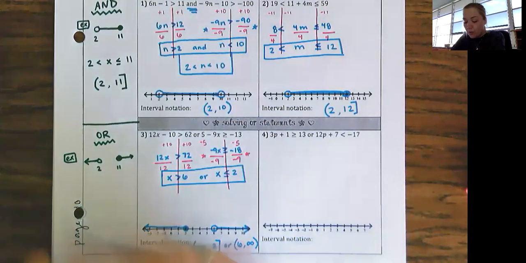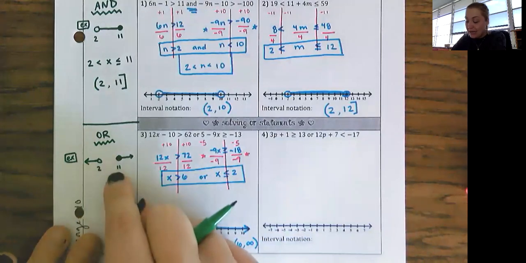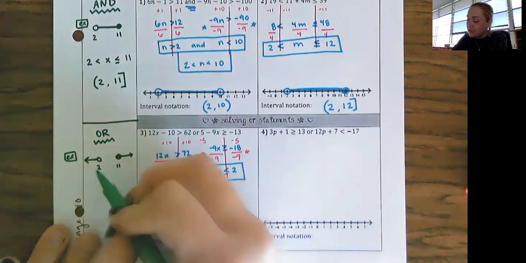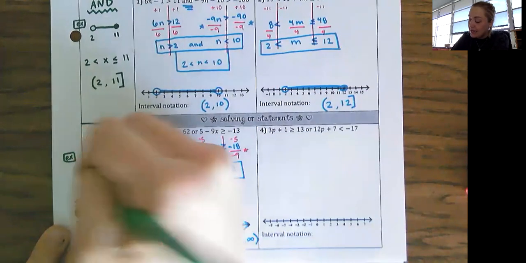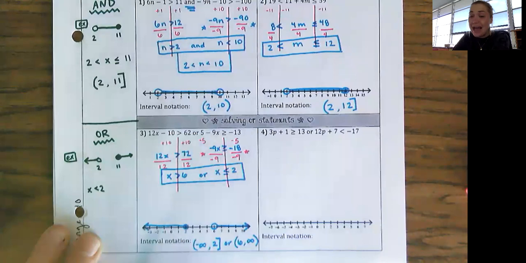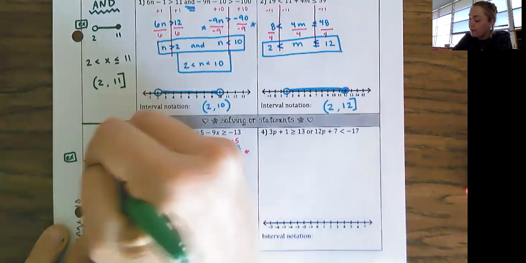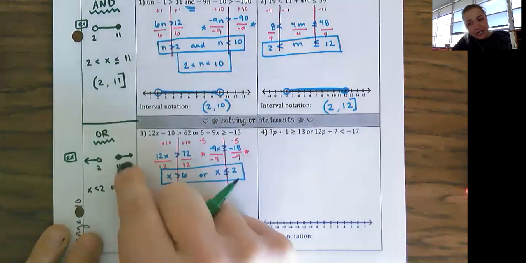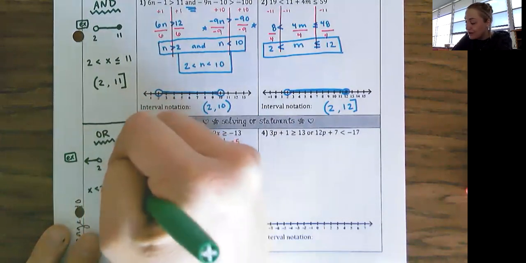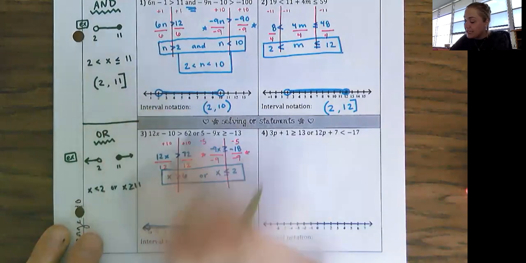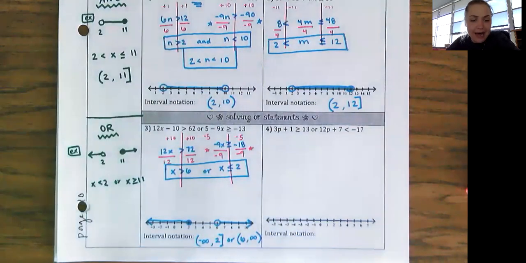Okay, so what does that look like as an inequality? Well, the shading is lower than 2. You would just say x is less than 2. Then for that gap, you need to say the word or. Then you can say the other shading, x would be greater than or equal to 11 because it can equal 11 and it can also go higher.